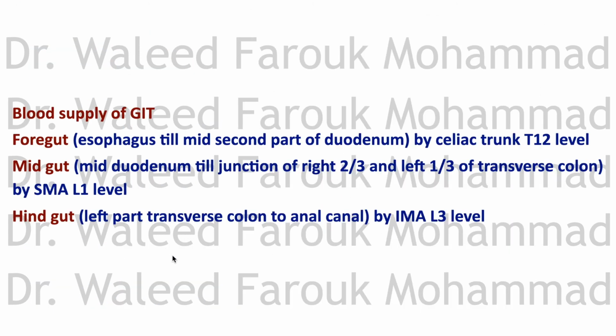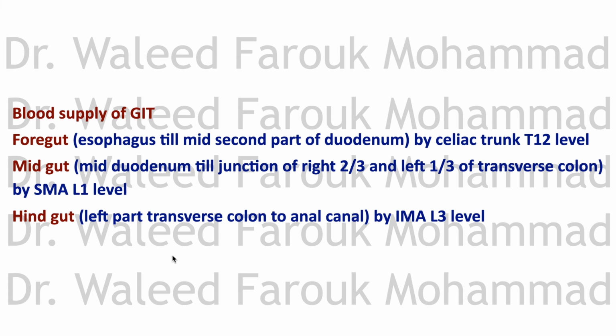Now, to summarize, the blood supply of the GIT: the foregut, that starts from the esophagus down till the middle of the second part of the duodenum, by branches of the celiac trunk, as we studied before.